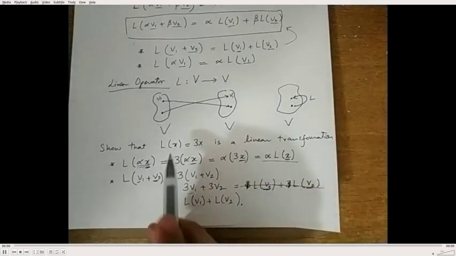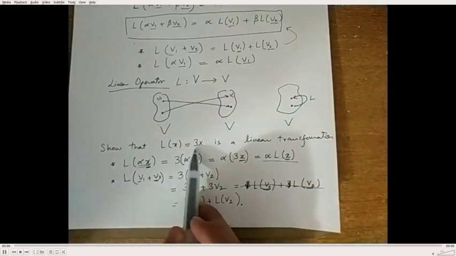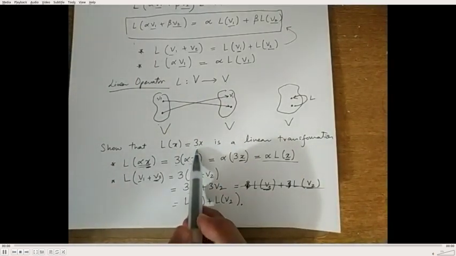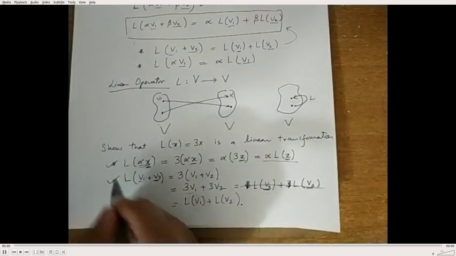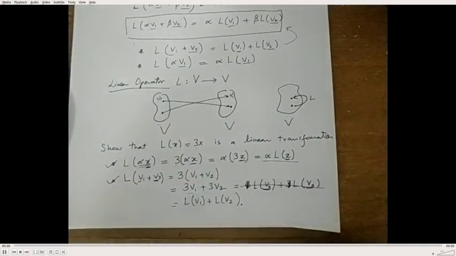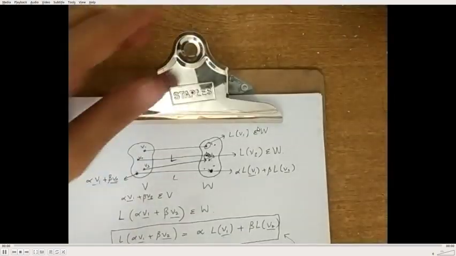So we've just shown that this transformation L of x equals 3x is a linear transformation because these two conditions hold. Of course, a direct way of doing it is to just do it directly.